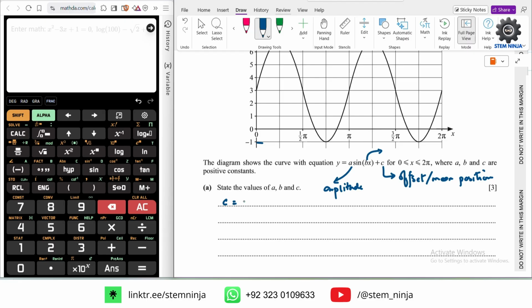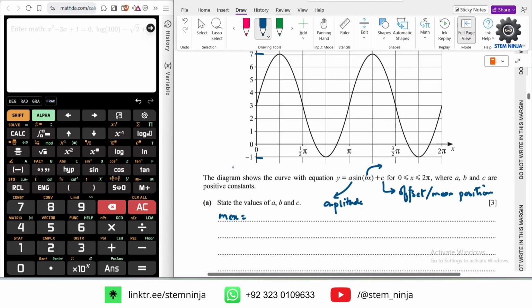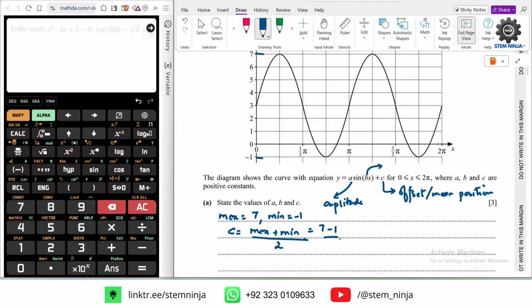So c: if we first figure out the max value, which is 7, and the min is -1, then c is max plus min divided by 2. 7 plus -1 is 6, divided by 2, is 3.